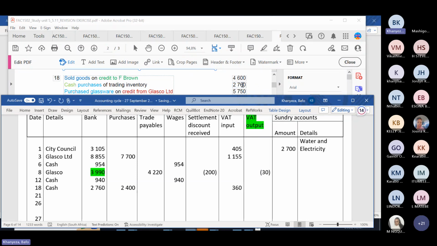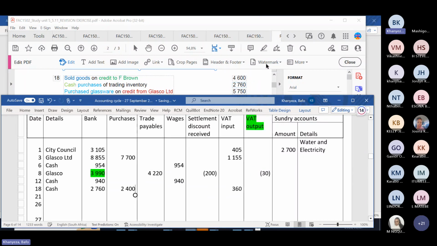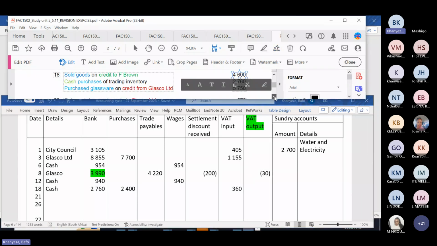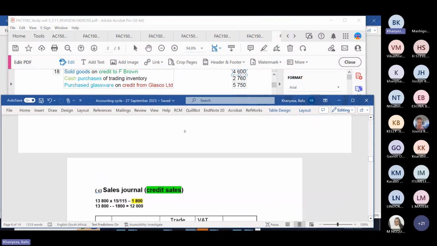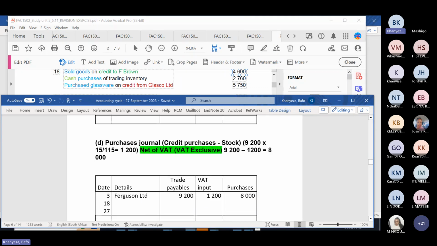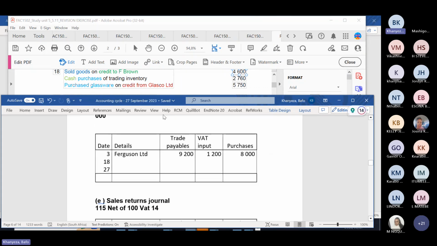Now we need to see what is the nature of this business. If they buy glassware, so these are glass traders. So this is trading inventory. When they buy on credit, where does that go? It goes on the purchases journal. They bought from Glasgow on credit.